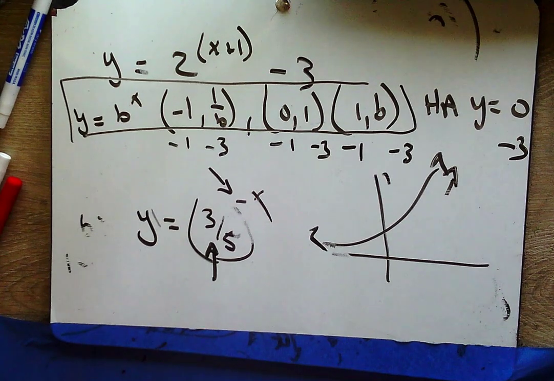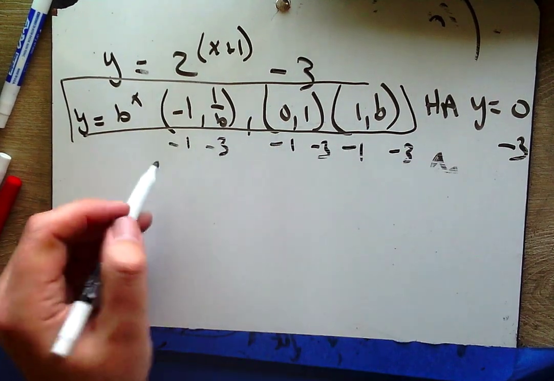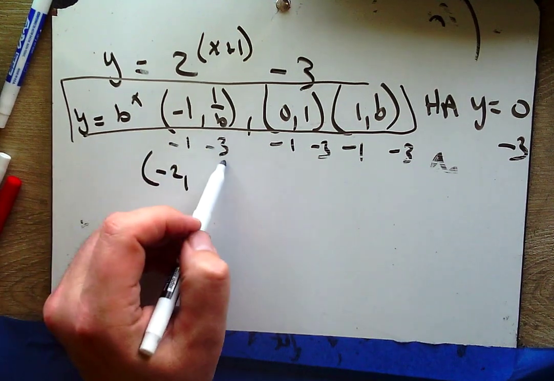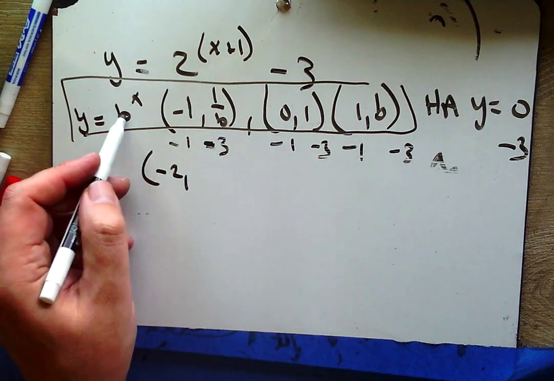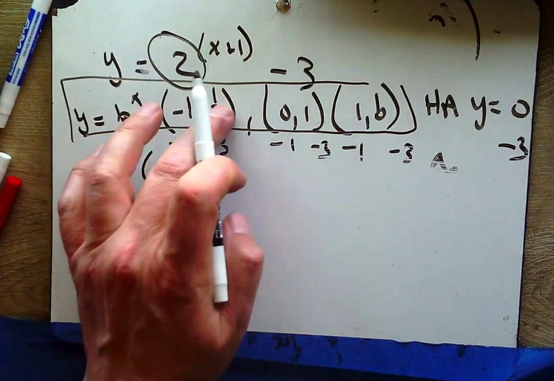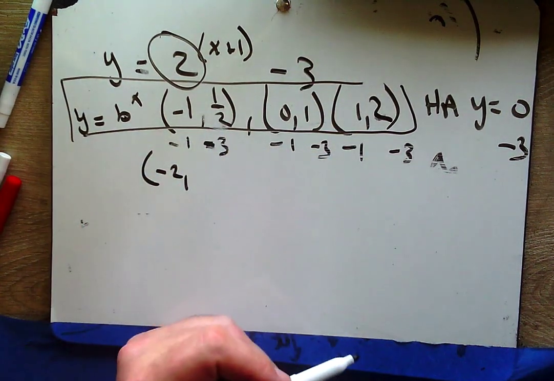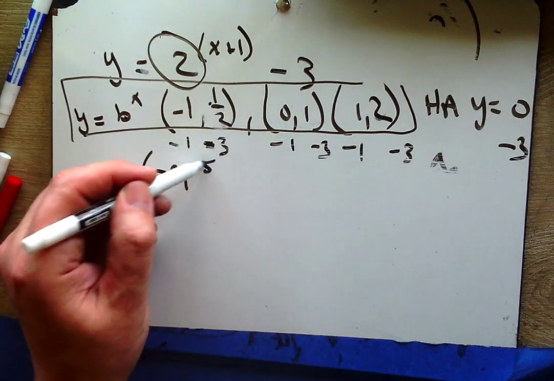Okay, so let's then take a look at our graph. We had subtracted 1, and we subtracted 3. Oh, what's our b here? Our base is 2. Like that. Okay, so 1/2 minus 3 is negative 2.5.